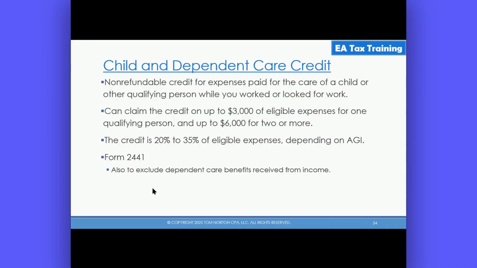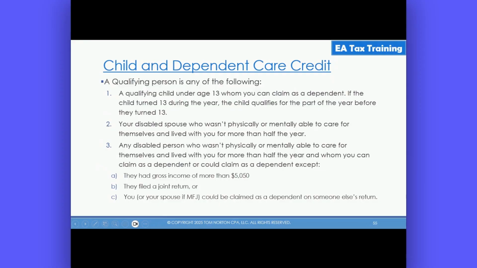And the credit itself is 20 to 35% of those eligible expenses. And the amount of that credit is going to depend on your adjusted gross income. You don't need to know where the cutoffs are for the different percentages. Just know that it is 20% to 35%, and it is on expenses of $3,000 per eligible person up to a total maximum of $6,000. And this is computed on Form 2441.